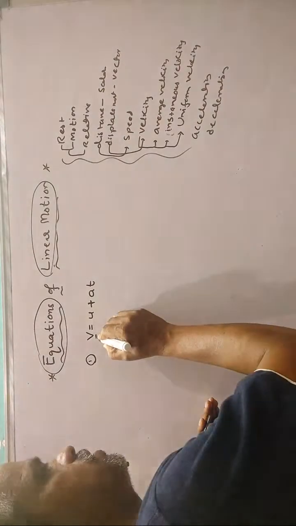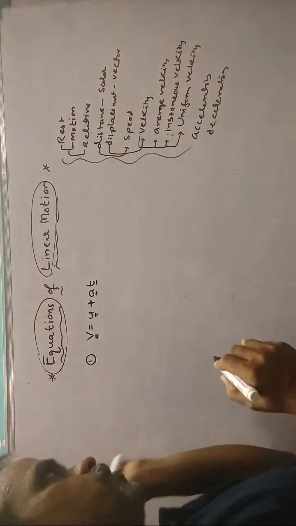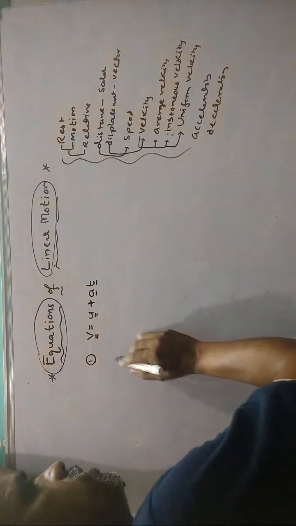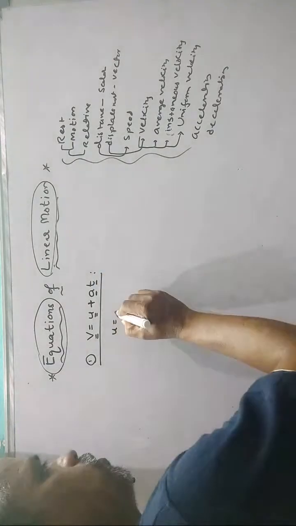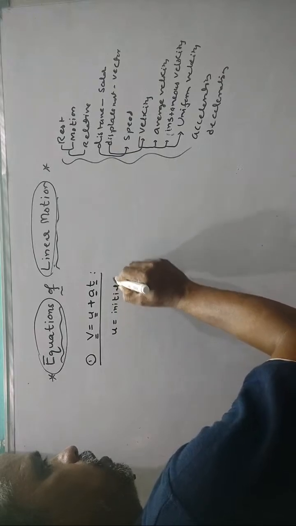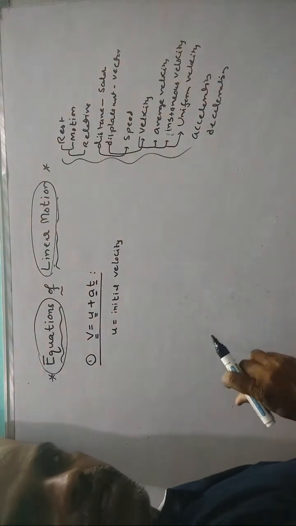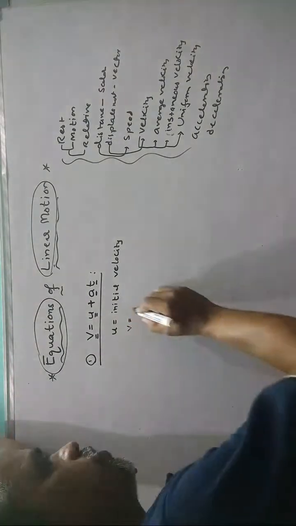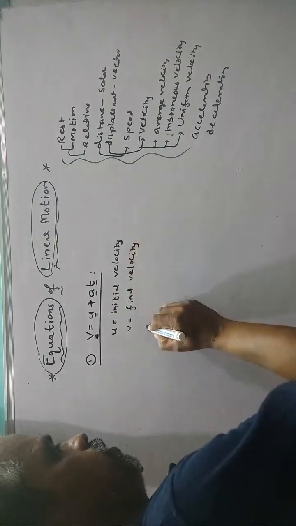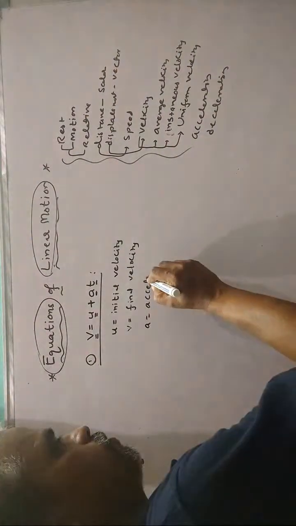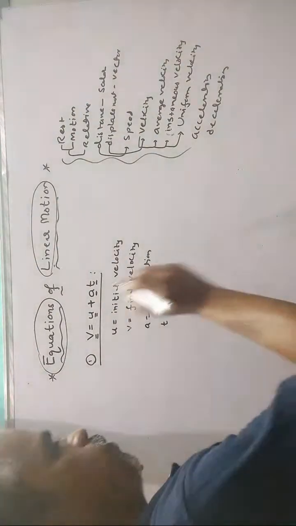See, this is velocity, this is acceleration, this is time. Write this equation, copy it. Here u is the initial velocity, v is the final velocity, a is acceleration, t is time.